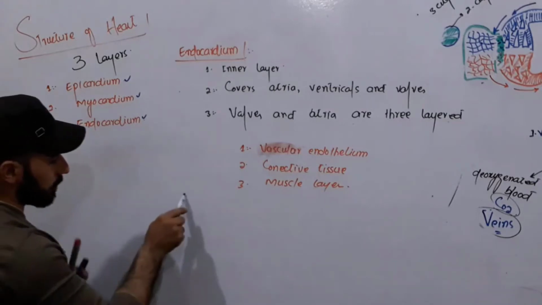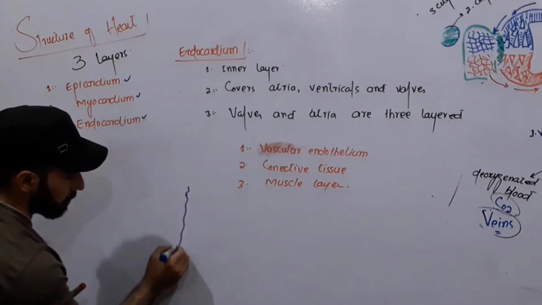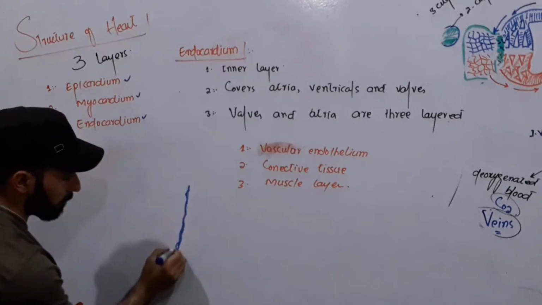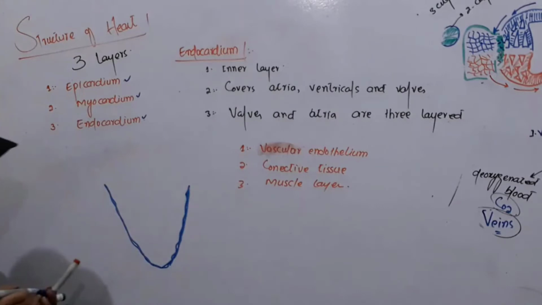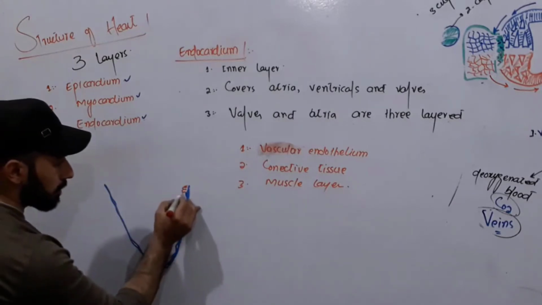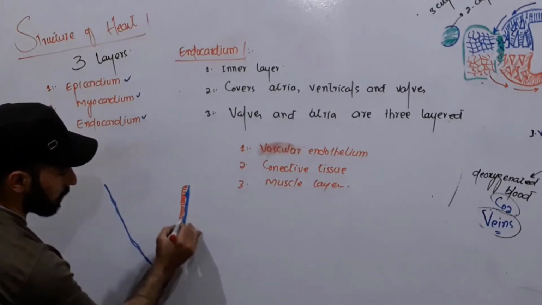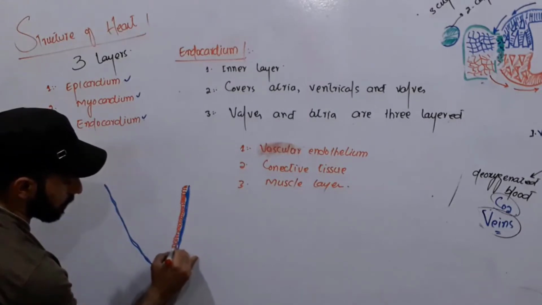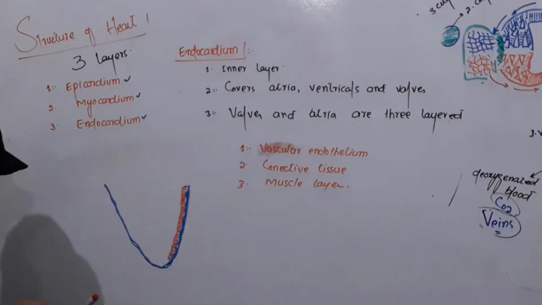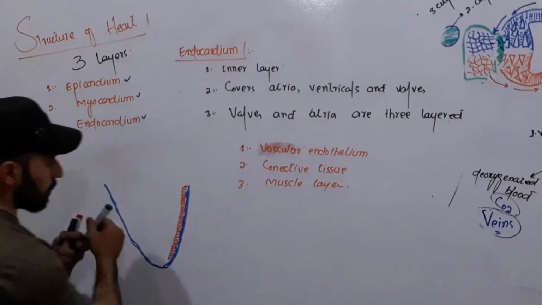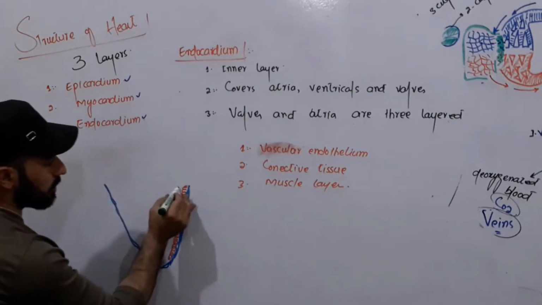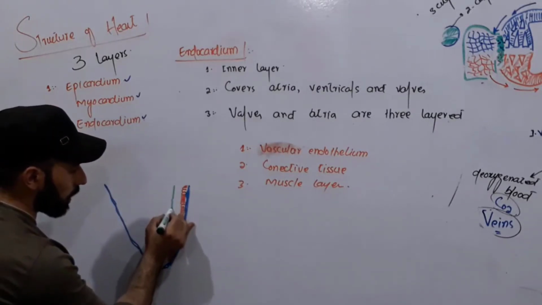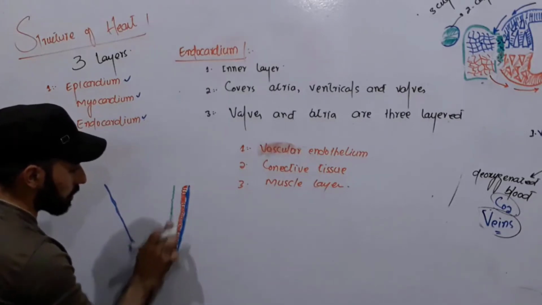Friends, this is our epicardium. Clear? Then there is, as we discussed earlier, our myocardium. And then there is endocardium. So this endocardium, in the atria and valves, has about three layers.